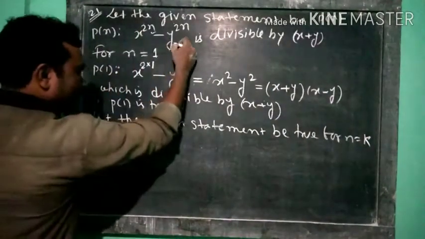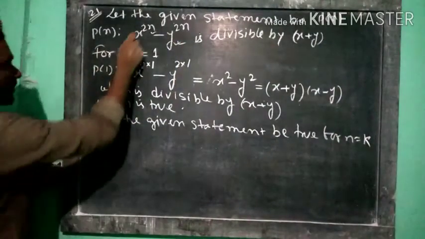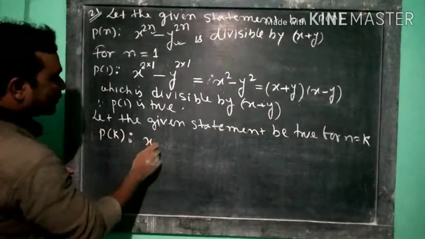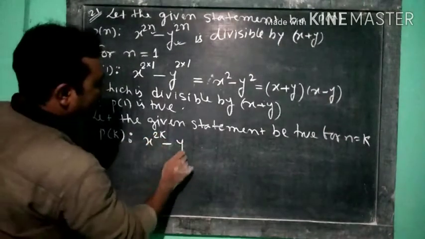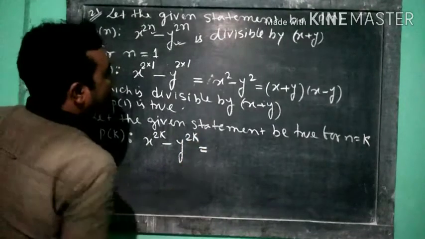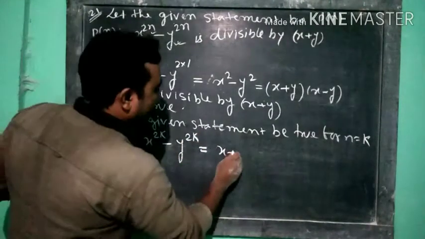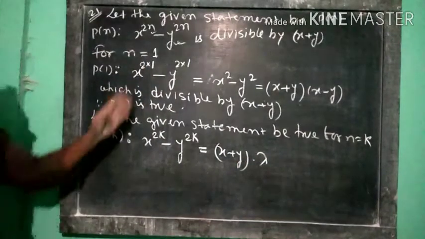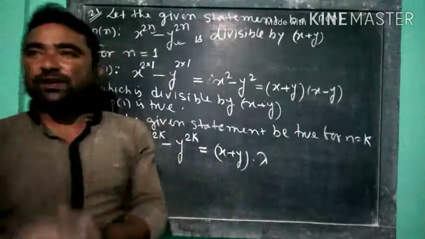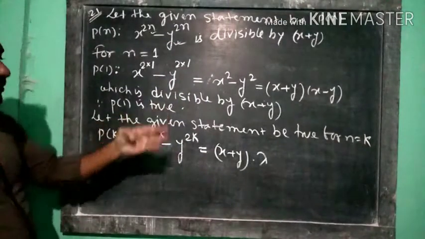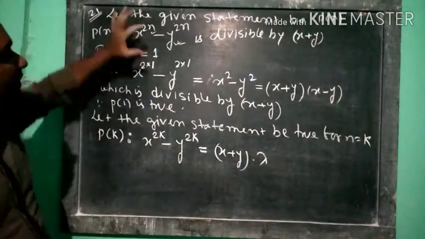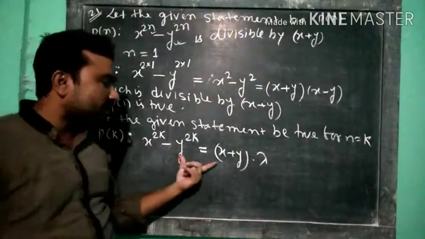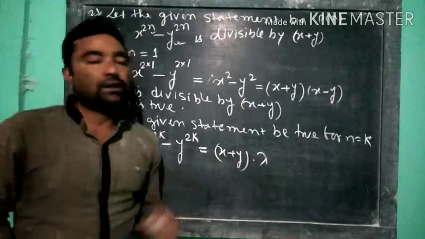Since it is true for n equal to k, this can be written as P of k such that x to the power 2k minus y to the power 2k equals x plus y into some constant, since it is divisible by x plus y. This is equal to x plus y whole into lambda.